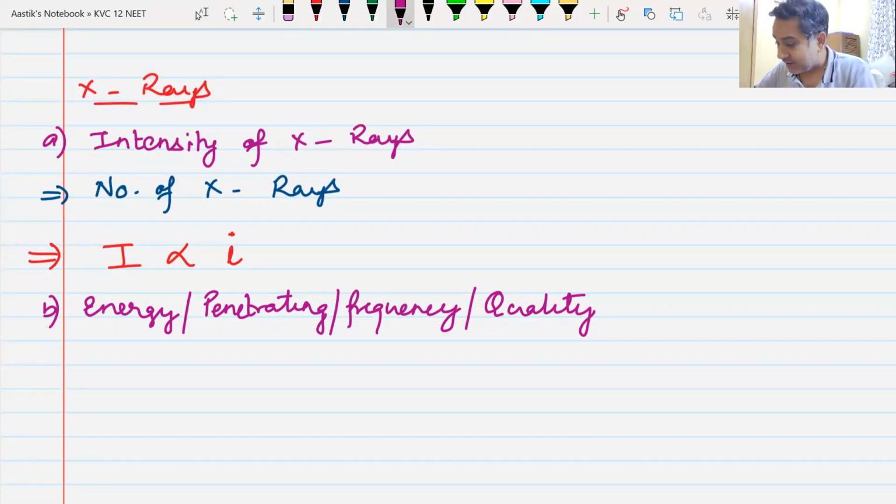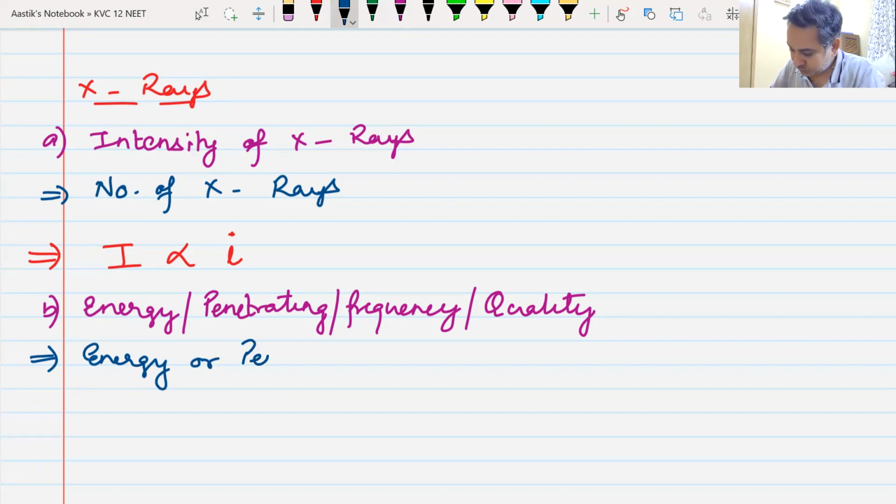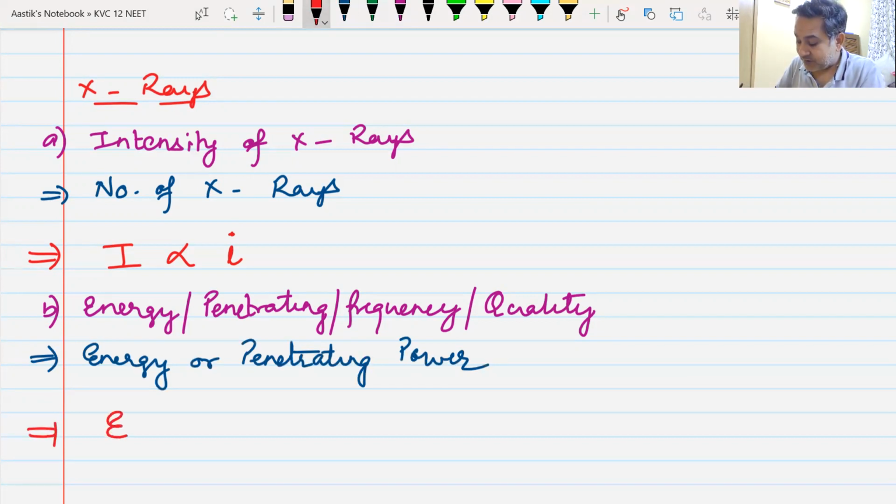How energetic they are. Who controls this energy or penetrating power? This energy, penetrating power or frequency is directly proportional to V, the potential difference between the cathode and the anode. Do we understand this? Yes, sir.